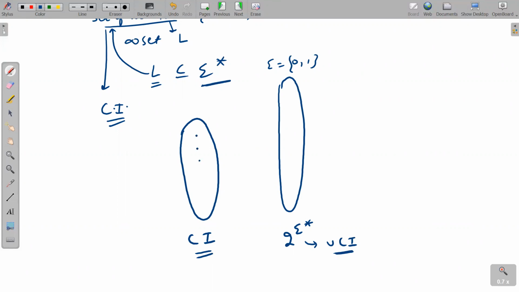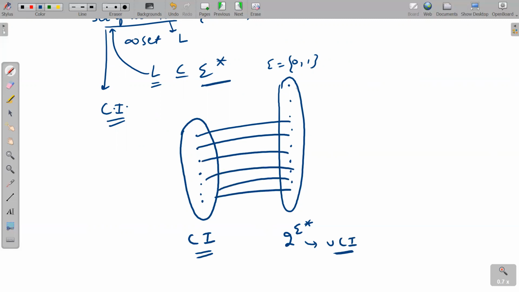So what I want to say is these are your Turing machines and these are your languages. There is no one-to-one correspondence between Turing machines and languages. That is, there are lots and lots of languages which cannot be accepted by Turing machines, and hence we call them non-RE languages.